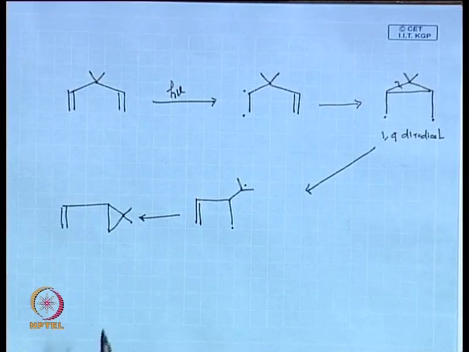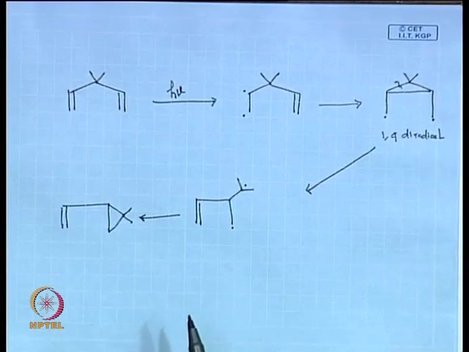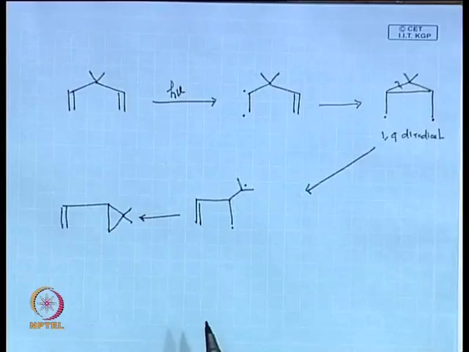So, that is how you can look at di-pi-methane rearrangement in two ways. The mechanism you can see from the singlet pi star, and you can also see the chemistry in the triplet pi star. In singlet you do it in a more zwitterionic way, and in triplet more like radical chemistry. Fine.